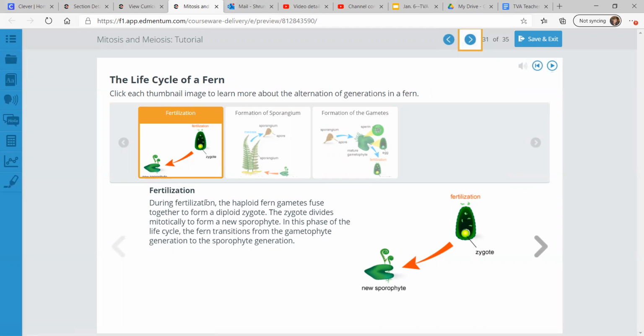During fertilization, the haploid fern gametes fuse together to form a diploid zygote. The zygote divides mitotically to form a new sporophyte. In this phase of the life cycle, the fern transitions from the gametophyte generation to the sporophyte generation. You can see that here.